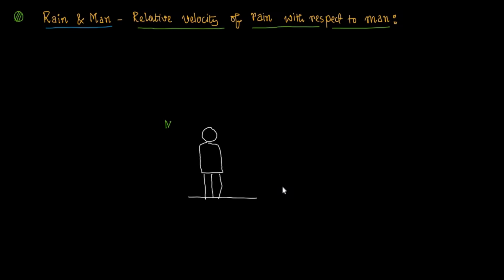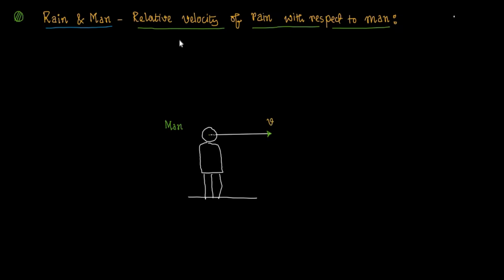In the diagram, this is a man who is moving towards east with a velocity vector vm. This is the direction along which the man is walking.